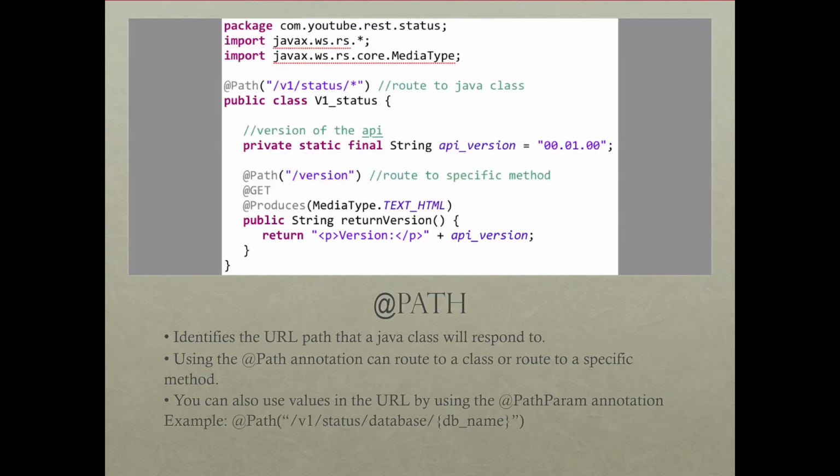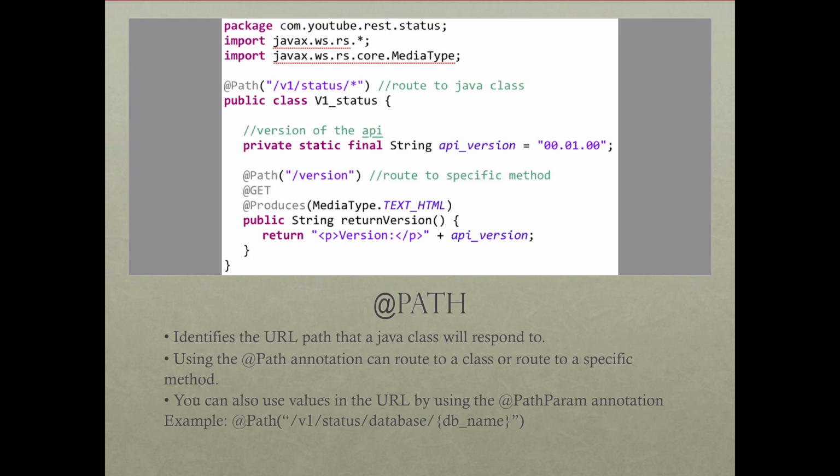Now let's take a look at each annotation that we will be using throughout this series. The first one we will be going over is the path annotation. The path annotation is usually where you start when you're building a new class or a method within a class. The path annotation is responsible for routing HTTP requests to the proper method or class.